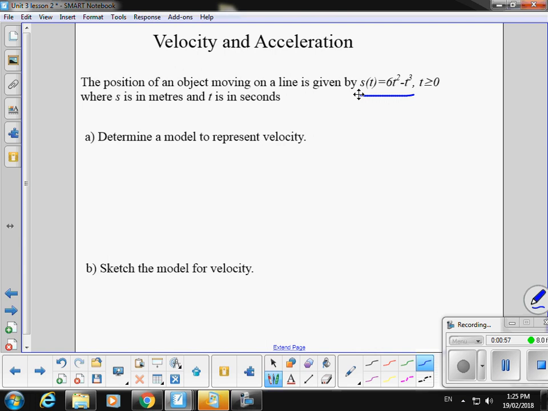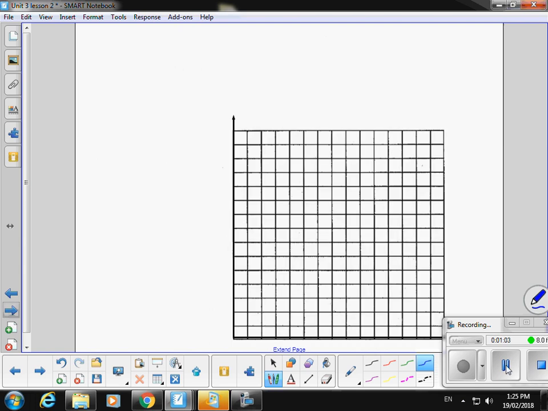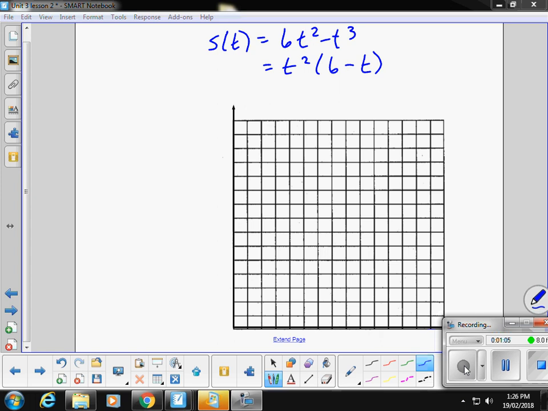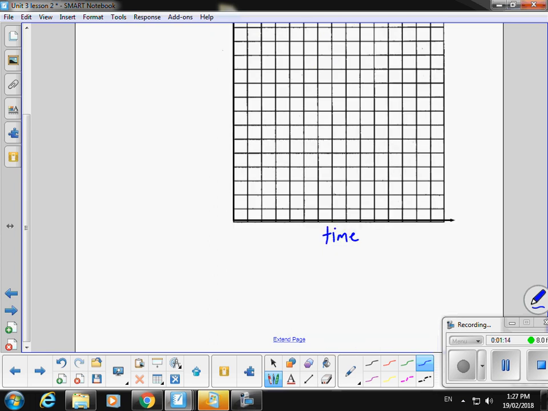But anyways, we're going to graph this function s of t equals 6t squared minus t cubed. I've used a bit of graphing software to help me set this up as well, but I have my time. I am going to use values from 0 to 6.